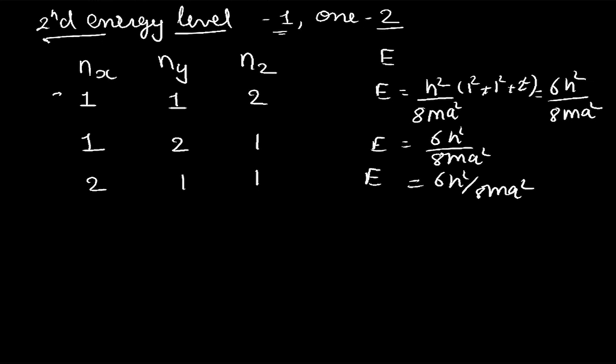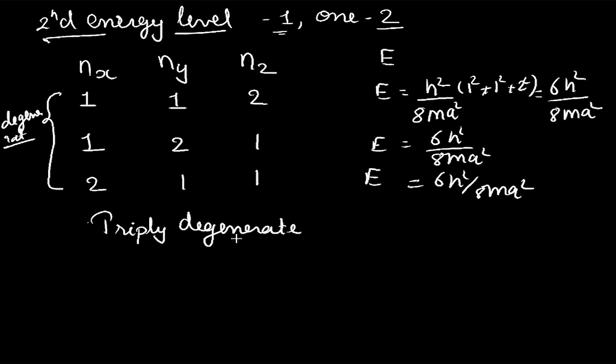So these energy levels having the same energy are referred to as degenerate. And as there are three states, this is referred to as a triply degenerate state, and the energy we could represent as E112.